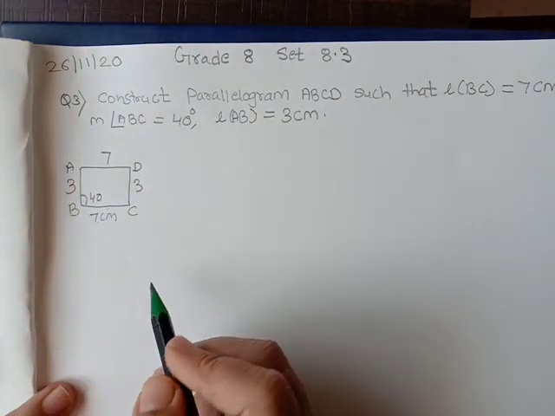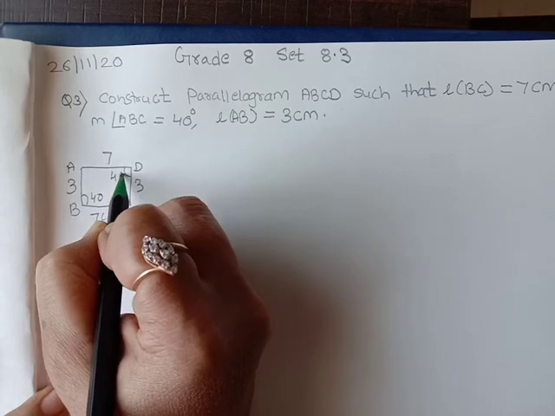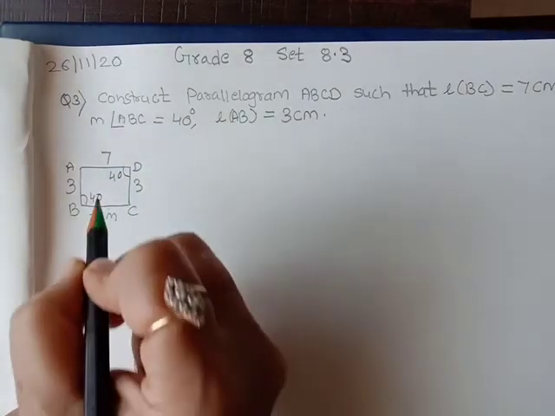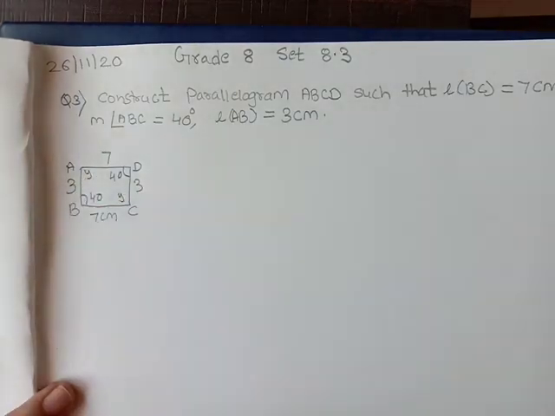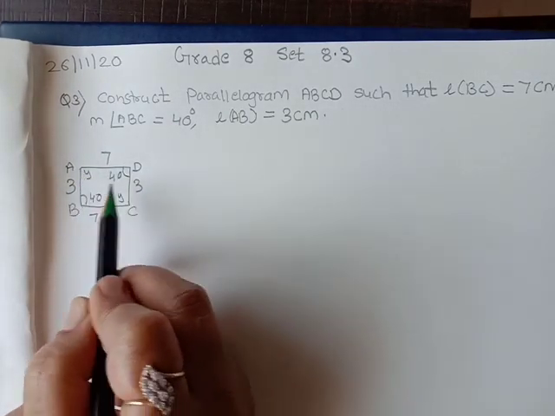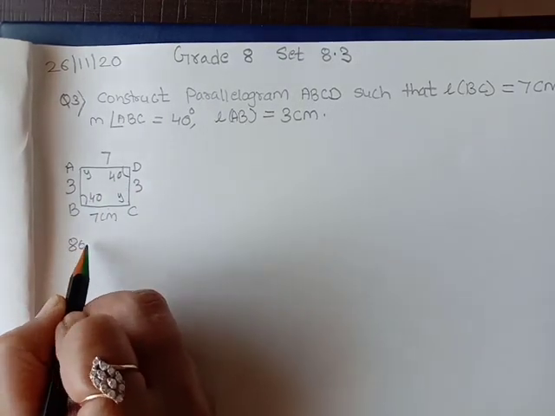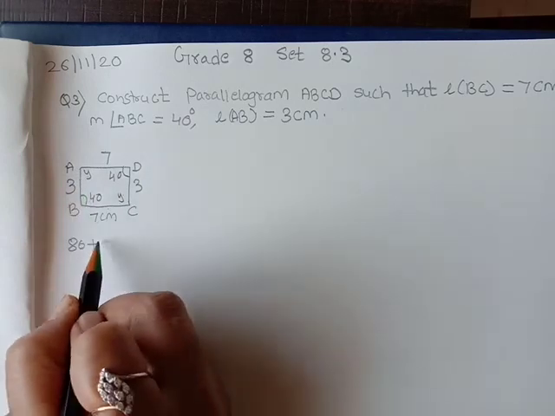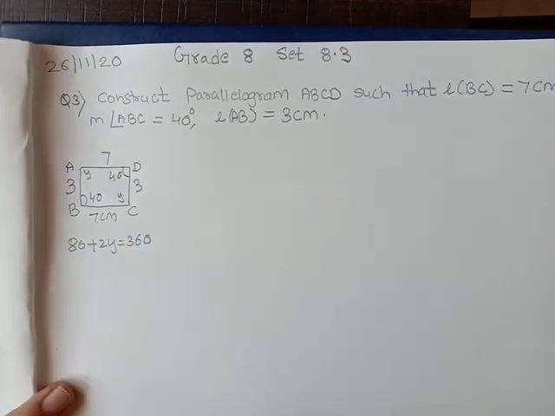Opposite angles are also equal. So if this is 40, this automatically becomes 40 degrees. And if this is Y, then this also becomes Y. Isn't it? Now what we know, the sum of all angles of a quadrilateral is 360. So 40 plus 40 is 80, and Y plus Y is 2Y. This comes out to be 360.